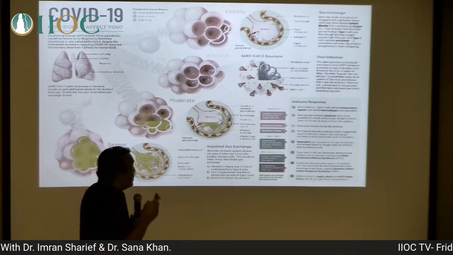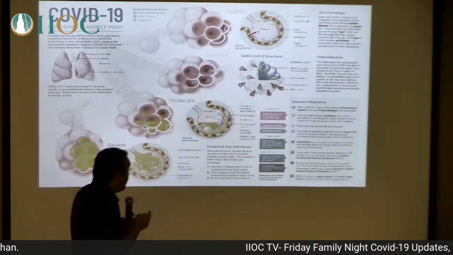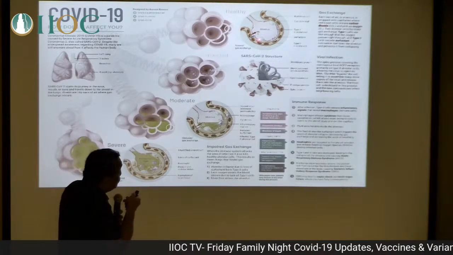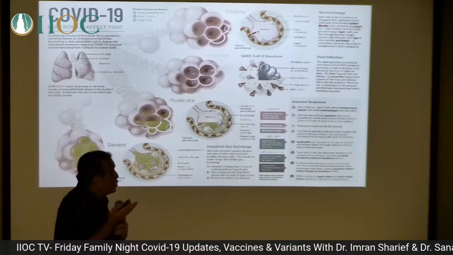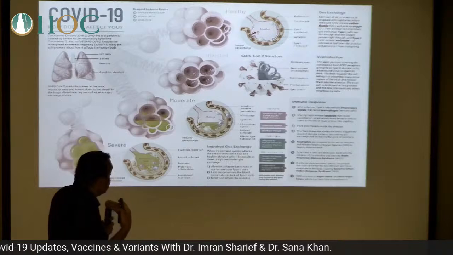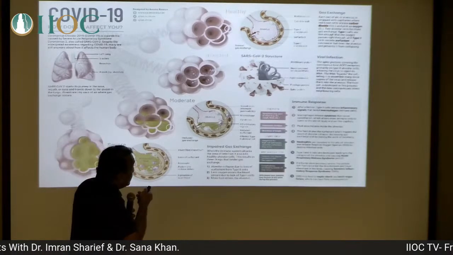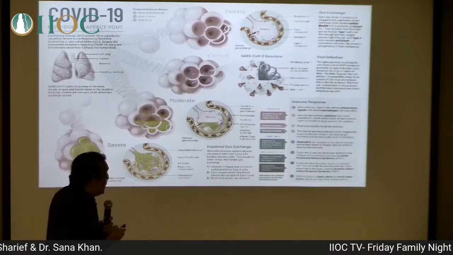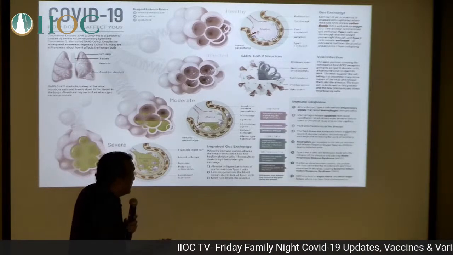The problem, I should say, not the advantage, is that alveolar type 2 cells have ACE2 receptors. And so when we breathe in the COVID-19 virus, it can infect the alveolar type 2 cells.